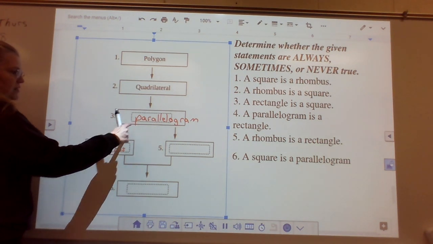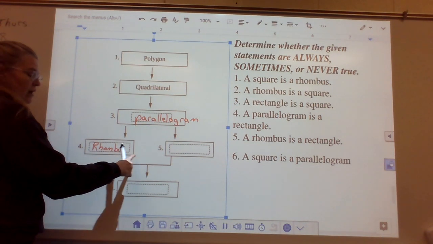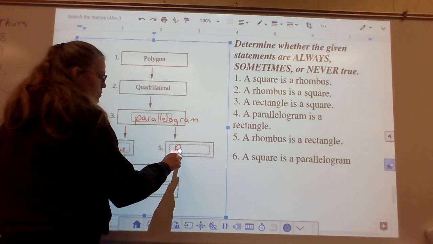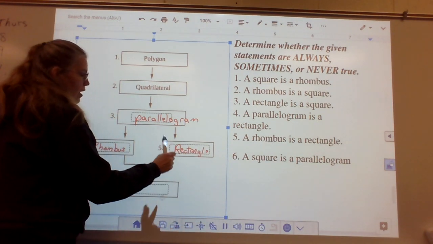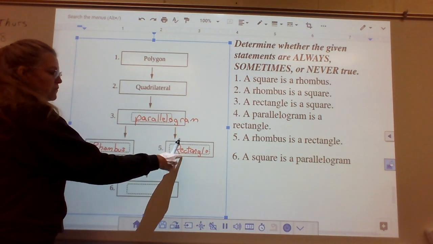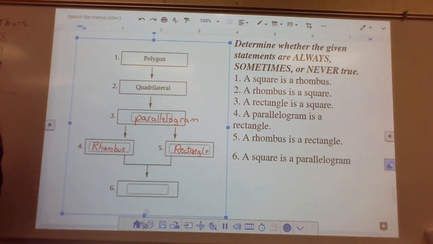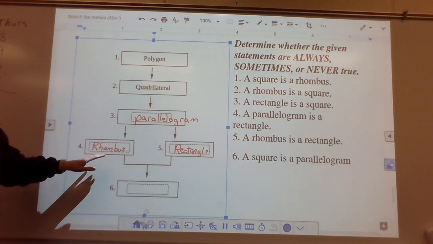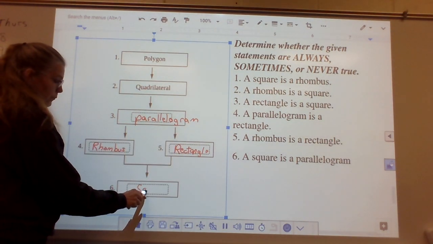So a rhombus is a parallelogram with four equal sides. Then we also have rectangle, which is a parallelogram with four equal angles. And in this case, those four angles are going to be 90-degree angles. And then lastly, when we tie everything back together, we get a square.